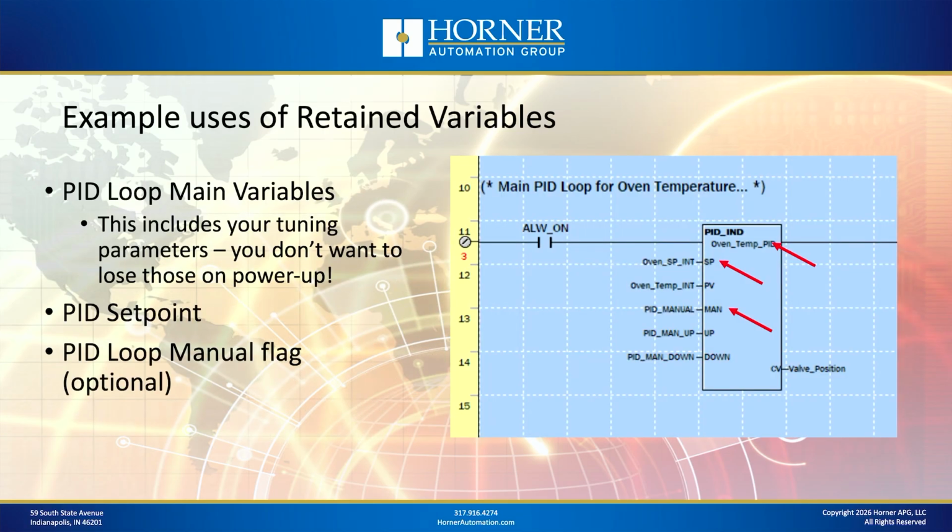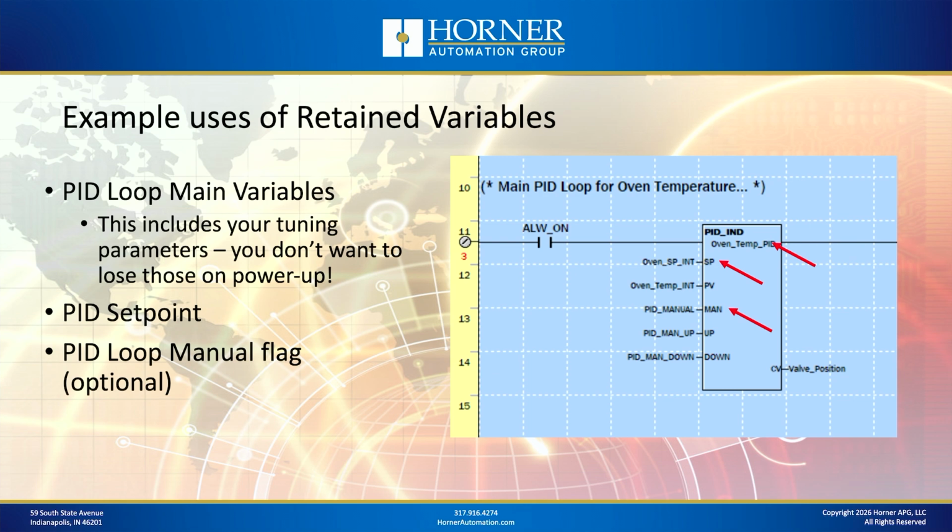Okay. All right, now let's talk about another biggie, and that is a PID block, or an instance of a PID block. Each PID block has, I believe, around 16 variables internally that are tied to it when you assign the instance of the PID instruction. And then there are other variables, the ones you see there on the screen on the outside as inputs or what have you, that are also assigned.